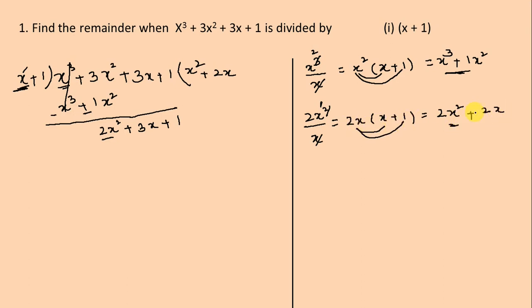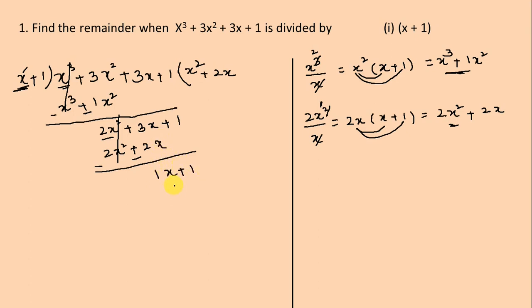Write these terms here, that is 2x square plus 2x. Okay, we change the sign here, plus minus get cancelled. 3 minus 2, that is 1. X is as it is, plus 1.